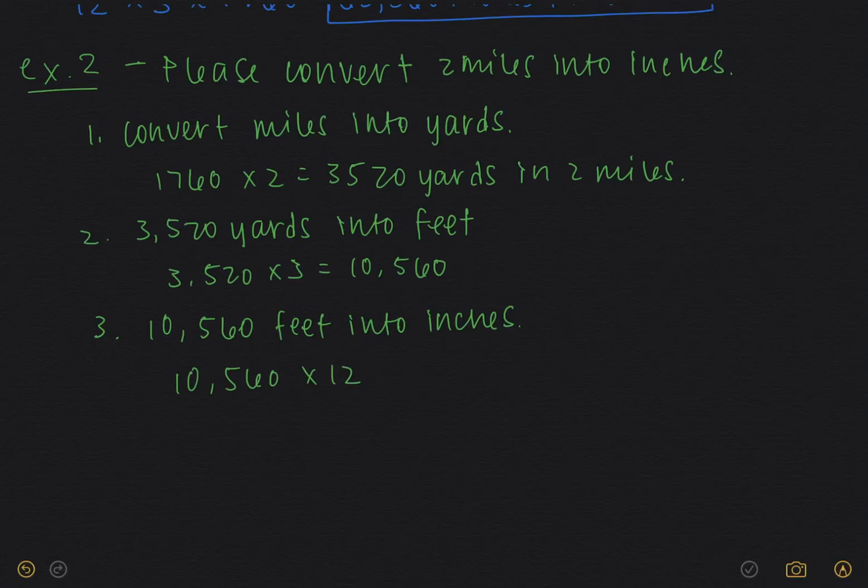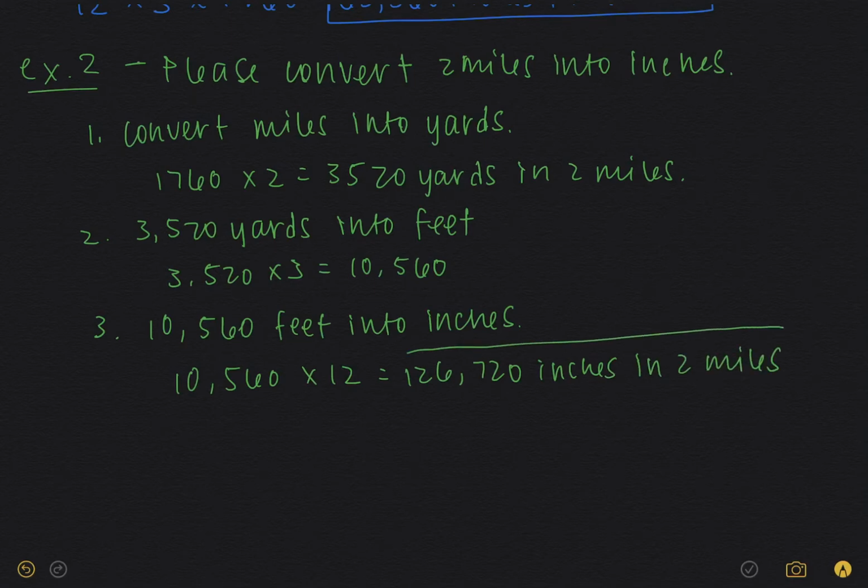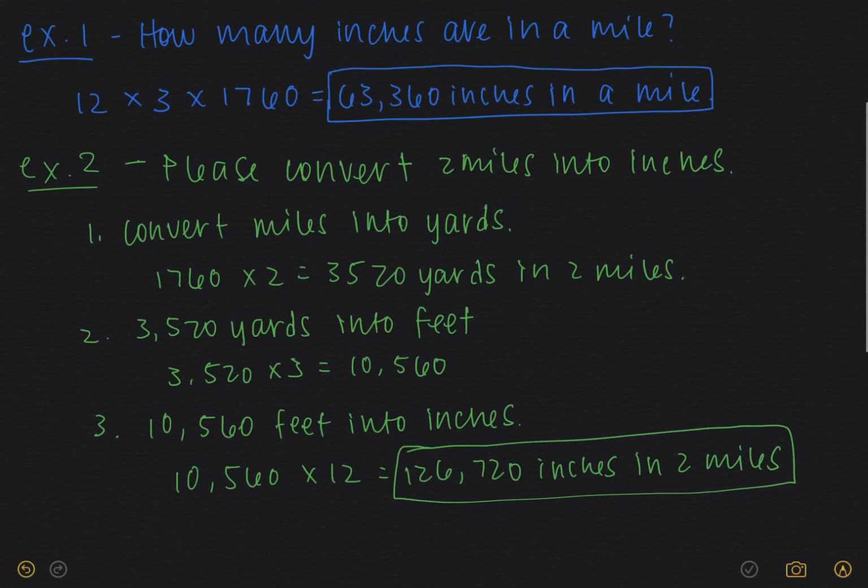And when you multiply that out, you are going to get 126,720 inches in 2 miles. Now, we could just check our answer by doubling our previous answer because we knew that there were 63,360 inches in 1 mile. And now we know there's 126,720 inches in 2 miles.